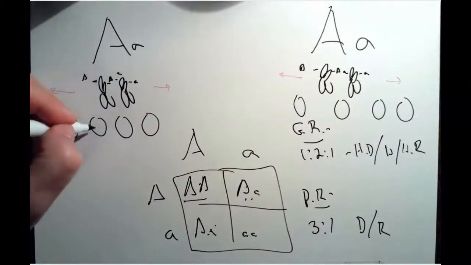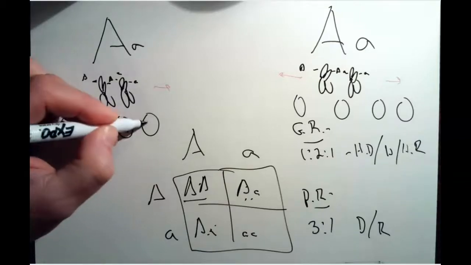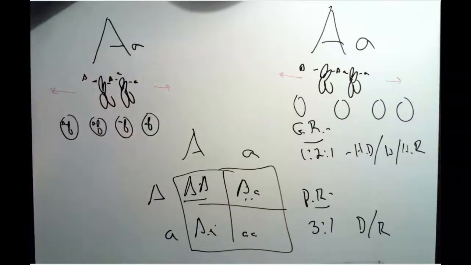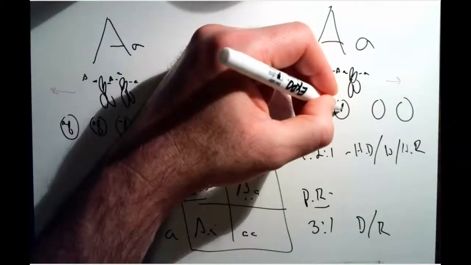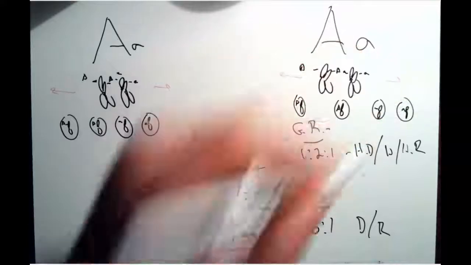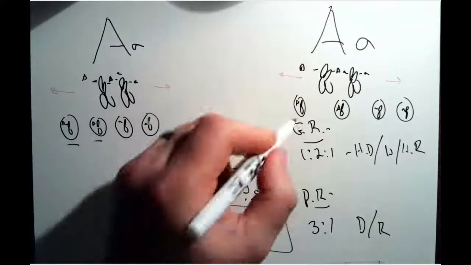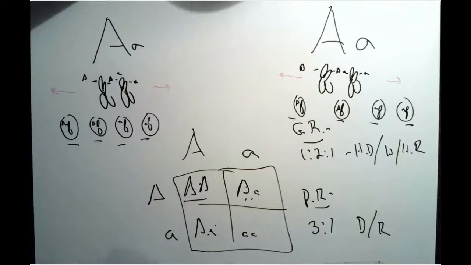and we're going to have gametes that contain a dominant A, 2 of them in fact, and we're going to have gametes that contain a recessive A, 2 of them. And here as well, we're going to have a dominant A in 2 of these gametes, and we're going to have a recessive A in 2 of these gametes. An equal number of dominant and recessive gametes in both parents, and an equal likelihood of contributing them.